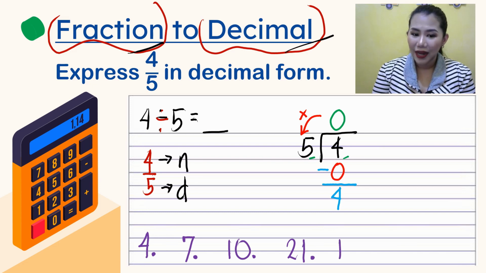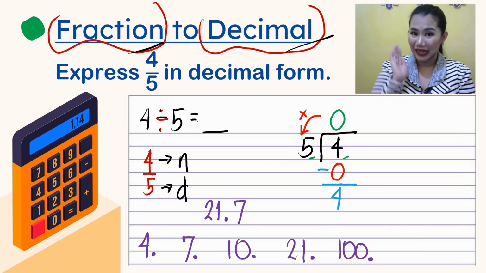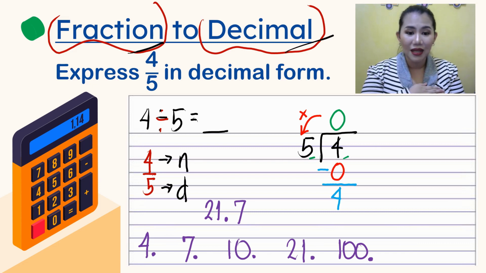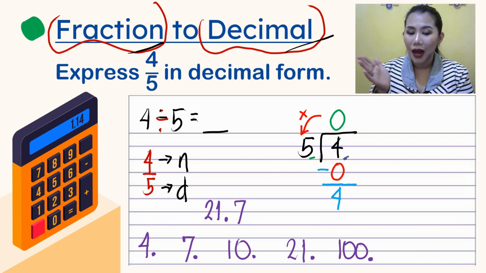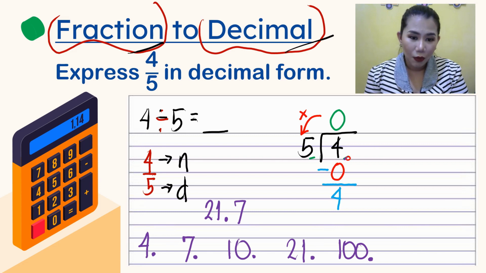Even 100. Not unless makita mo talaga yung decimal point like 21.7. Iyan, kita mo talaga yung decimal point between 1 and 7. Now, in this case, we have here 4 and we all know that 4 here is a whole number at ang 4 na yan ay merong decimal point. So, let's place a decimal point there.